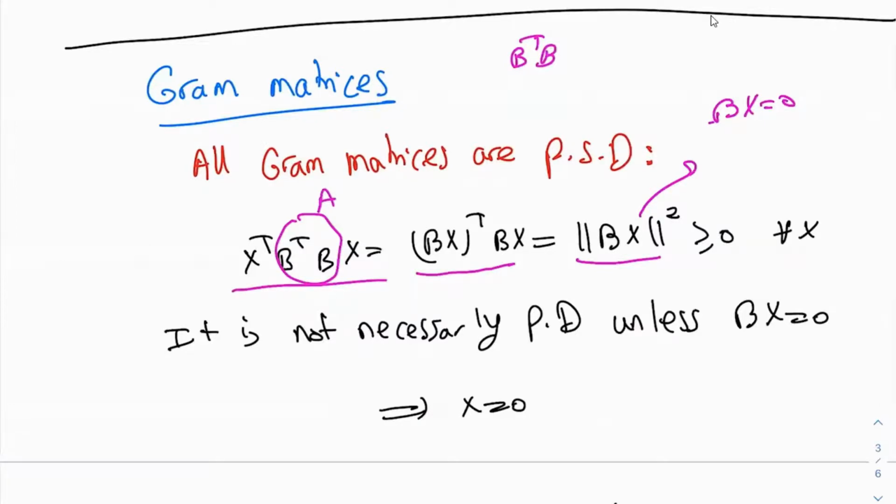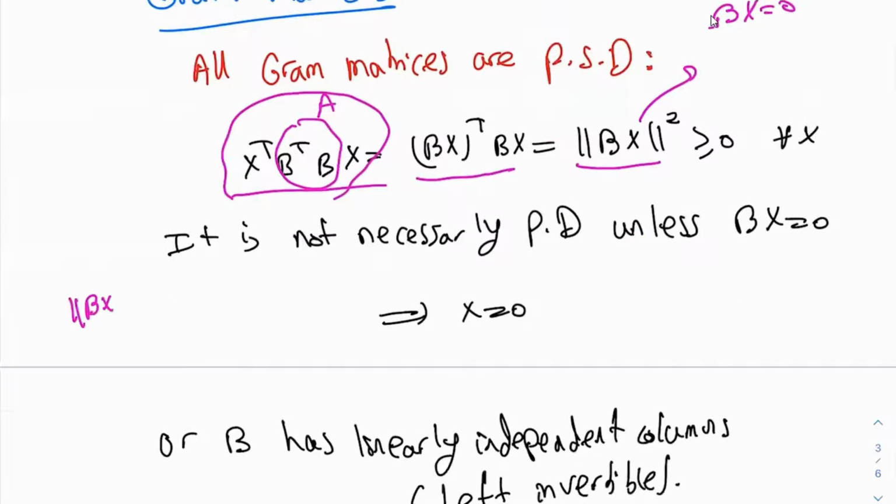Now let's see under what case this is positive definite. It's positive definite if this quantity here is equal to 0 only if x is equal to 0. So we want the norm of Bx squared equal to 0 to give us x equal to 0. This means that Bx equal to 0 gives us x equal to 0.